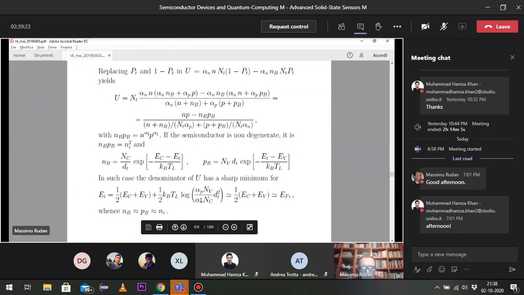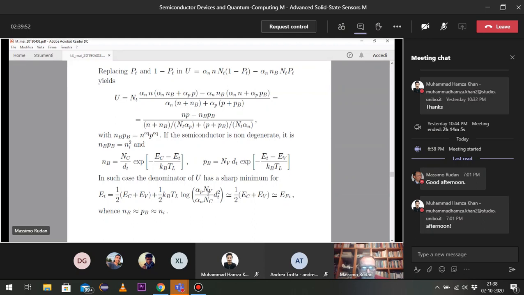Also, the degeneracy coefficient is order unity. NV and NC, you remember, are similar. Alpha P, alpha N, we did not calculate them, they are also similar. So the parenthesis here, the argument of the logarithm, is near 1, so the logarithm also is very small, okay?